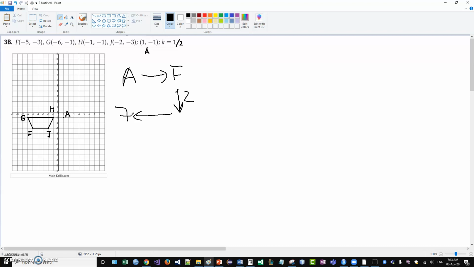Now, when you multiply each one by half, so it will be going down by 1 and then going left by 3.5. Okay. Now, from point A to point G, we're going just left because it's on the same line. 1, 2, 3, 4, 5, 6, 7.